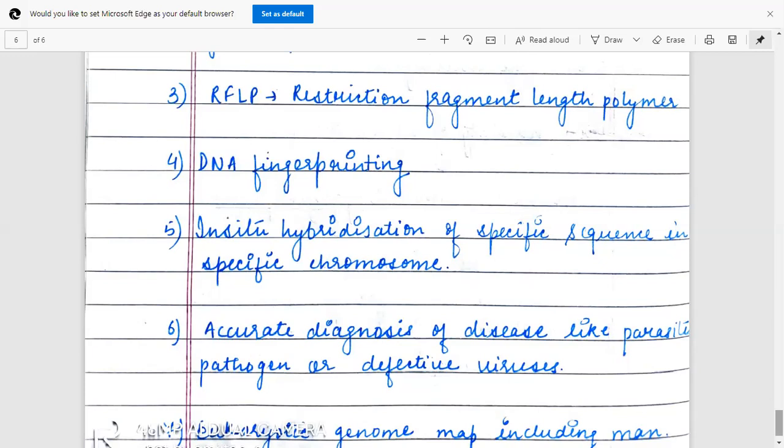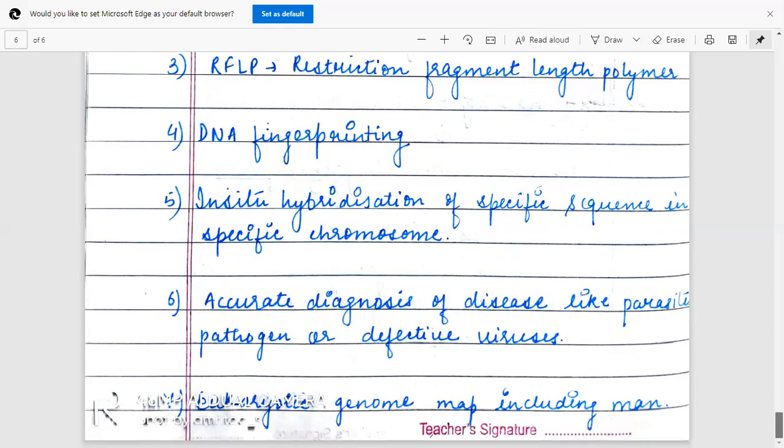Likewise, hybridization of a specific sequence in specific chromosomes: in situ hybridization can be done for detecting the presence of a particular gene on a chromosome.